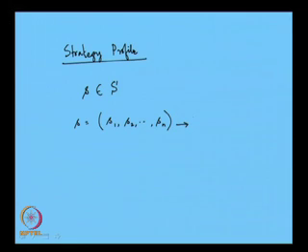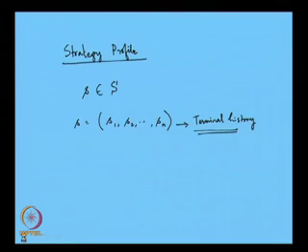What is important to note is that if I have a strategy profile, then I am tracing out a particular terminal history. So, a particular strategy profile will give me a definite terminal history.